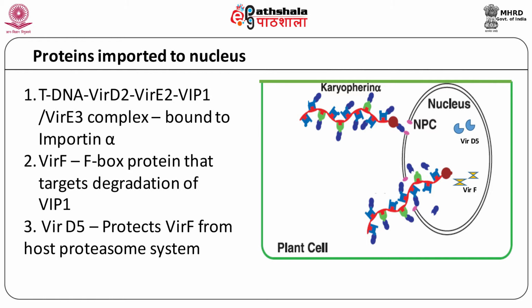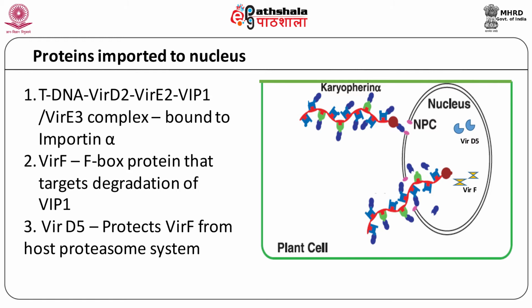The plant protein VIP2 is a transcriptional activator and binds to VIP1 in order to get transported to the nucleus. VirD5 and VirF also have nuclear localization signals that transport them directly into the nucleus.